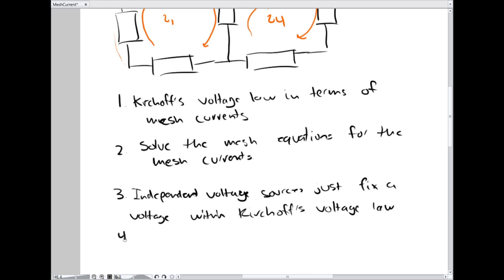And just like in node voltage, where if we had a voltage source that was abutting the ground, it would just specify a node voltage automatically, we didn't have to solve for it.